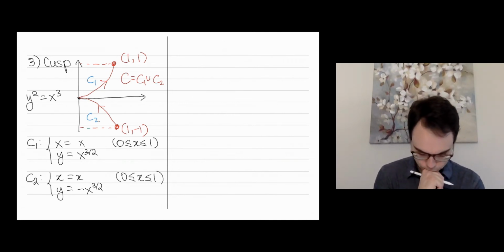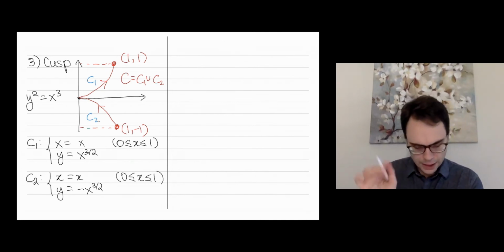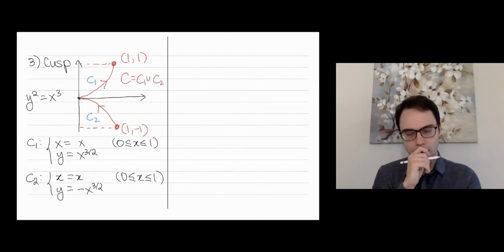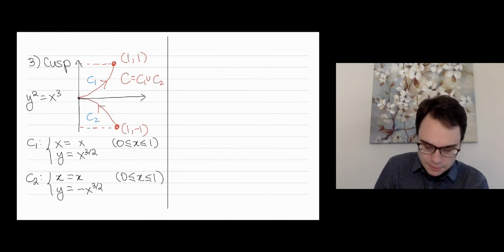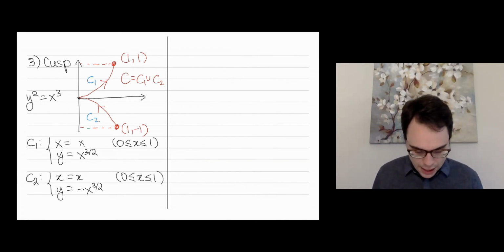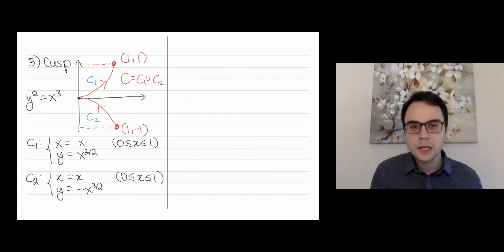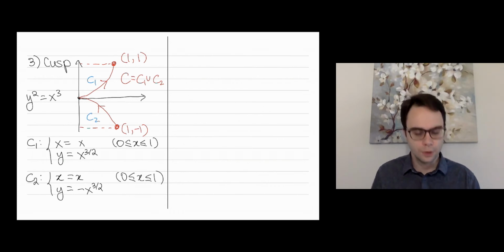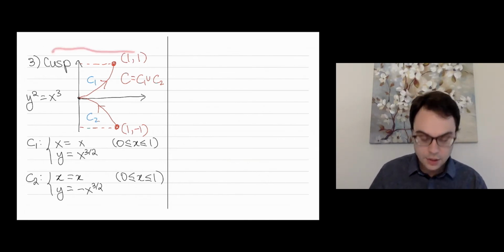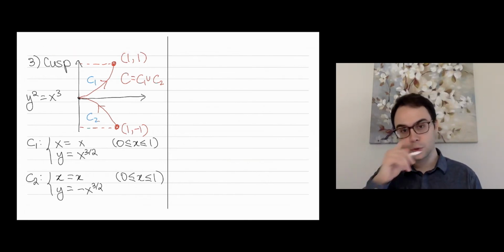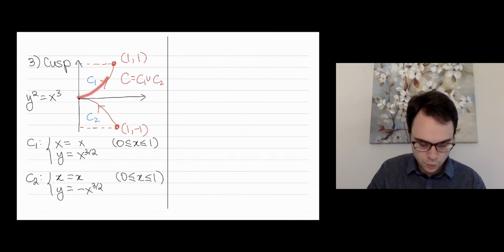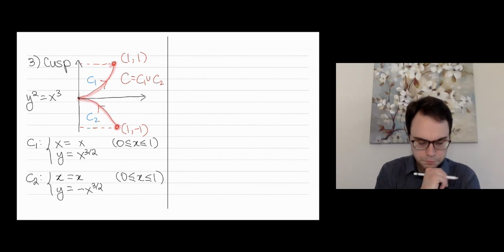Now, here's a problem. We are almost done, except that at the beginning of the problem I said that for this curve we're going to need it parameterized as I drew it, starting at 1, -1, then going to 0, then going up.